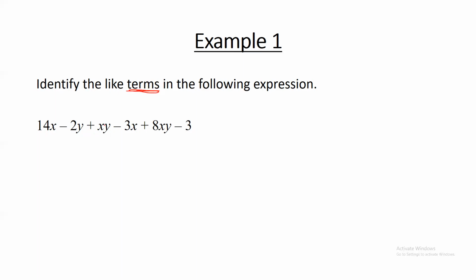And you can see here that 14x and negative 3x both have x as their variable. It's the same. Also, xy and 8xy are also like terms because xy is the same letter part for both terms.